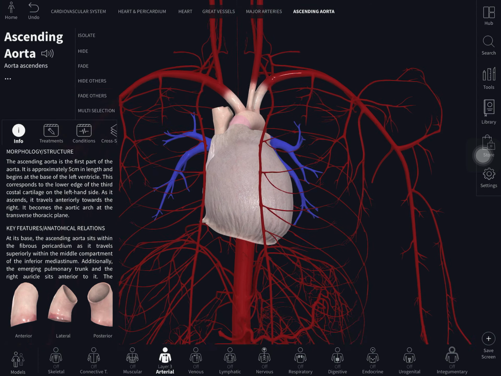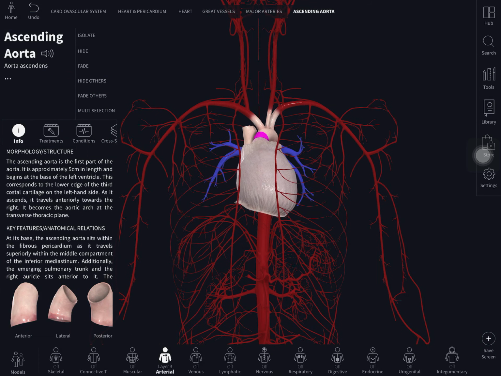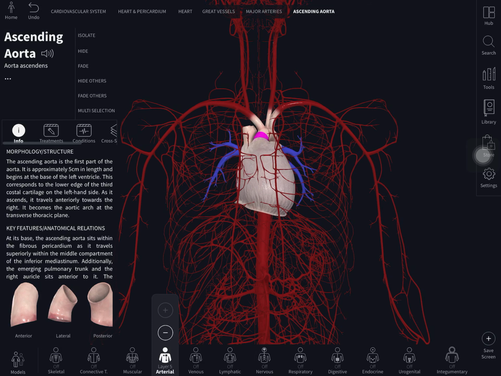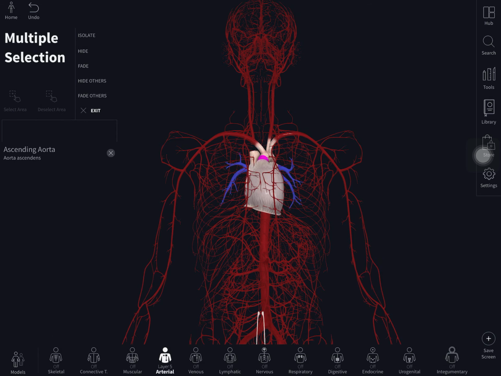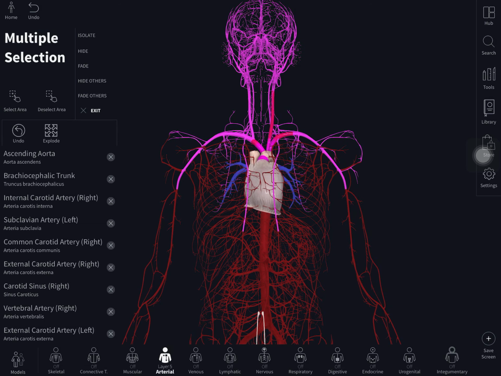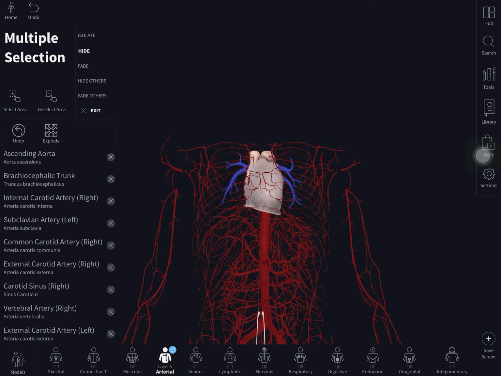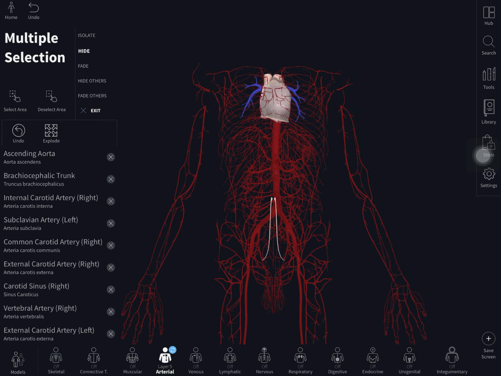The right coronary artery supplies blood to the right side of the heart, and the left coronary artery supplies blood to the left side of the heart.